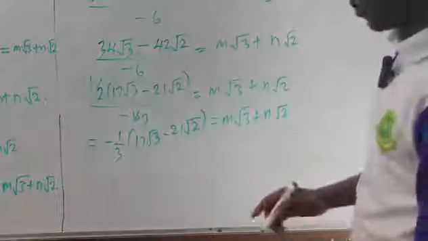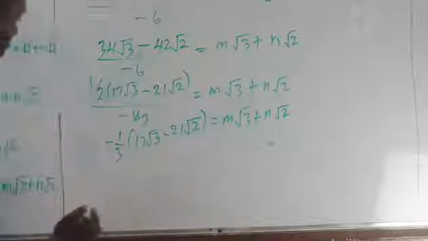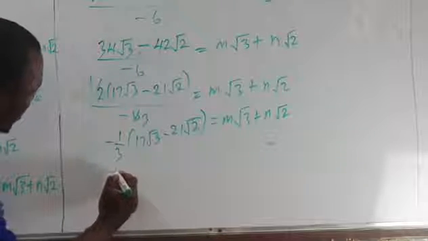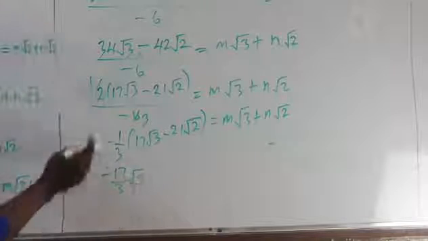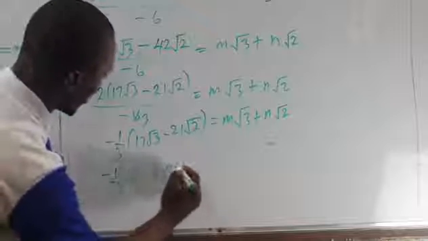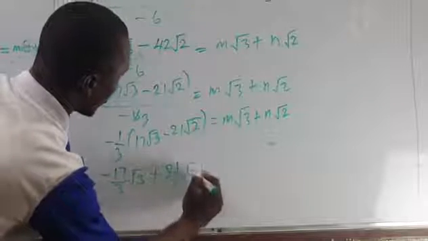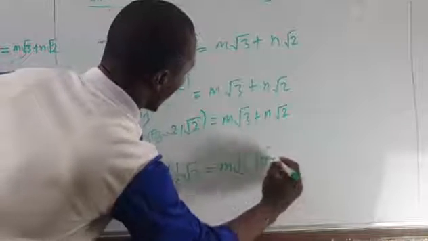So with this, we can open the bracket by having it as minus 17 over 3 root 3, then minus times minus, that is plus, 21 over 3 root 2, which is equal to m root 3 plus n root 2.